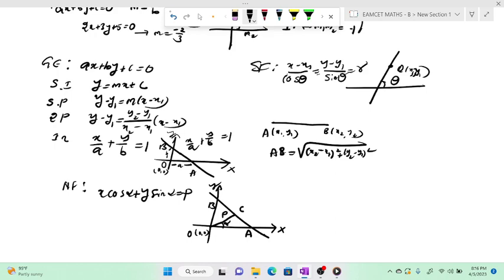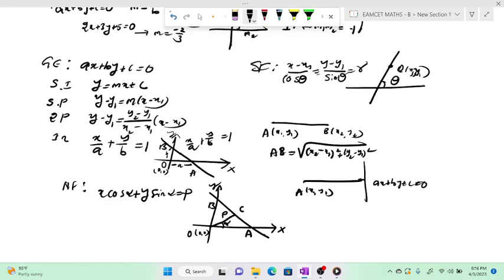And next one, suppose A of x1, y1 is any point. The distance from A to the line ax plus by plus c equals 0.